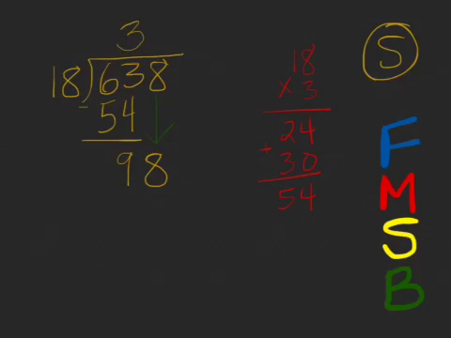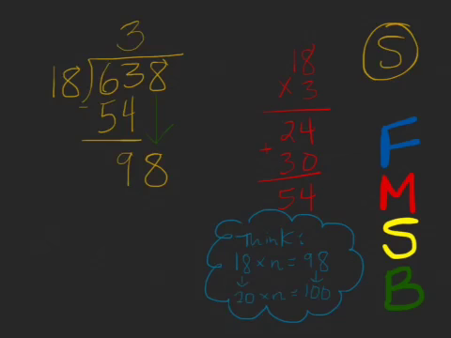Gosh, that's not very friendly, multiplying by 18. But maybe if we could just estimate, that might help us out. Maybe we can think, instead of 18 times what can get me 98, unfriendly numbers, we could estimate for this.